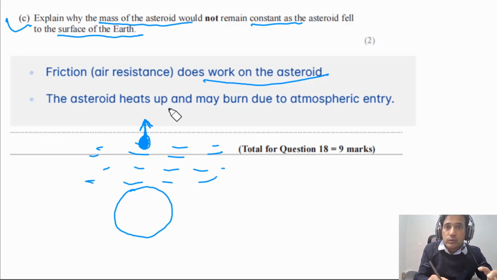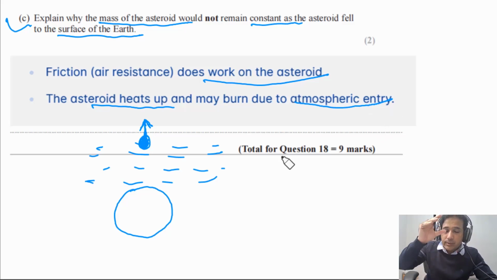So it will lose potential energy, and that loss in potential energy will not be equal to the gain in kinetic energy. Part of it will be converted into thermal energy, and due to thermal energy it will heat up and burn, and it will lose mass. So the asteroid heats up and may burn due to atmosphere entry.